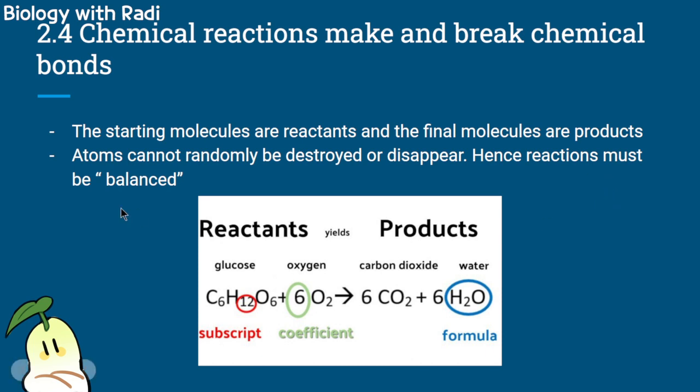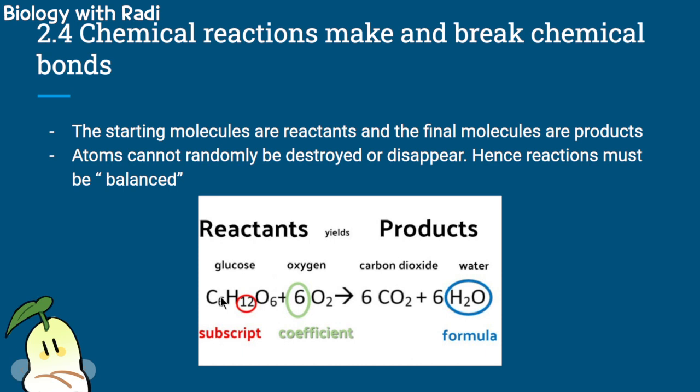And if you see the glucose to carbon dioxide, water, and energy reaction over here, this equation is balanced. What it means by balanced is that the number of atoms on each side is equal.